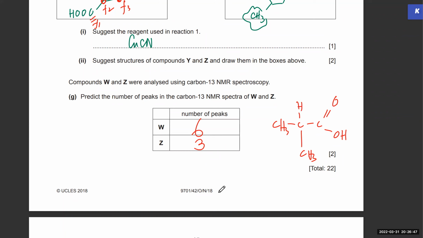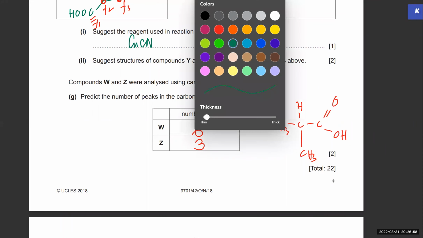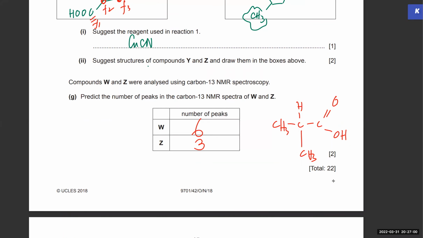How many different carbon peaks would you have in this molecule? There are 4 carbons, so 3 different environments. Okay, 3 peaks. These were exactly the same environment, right?